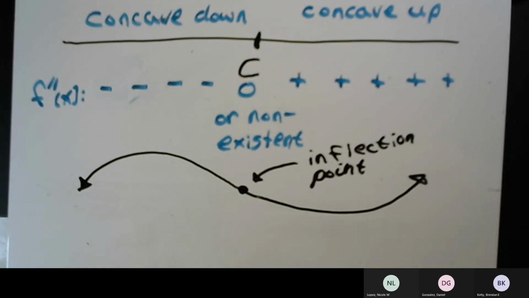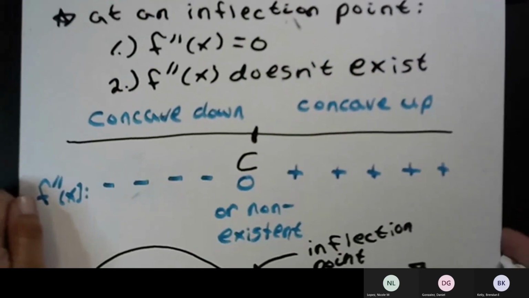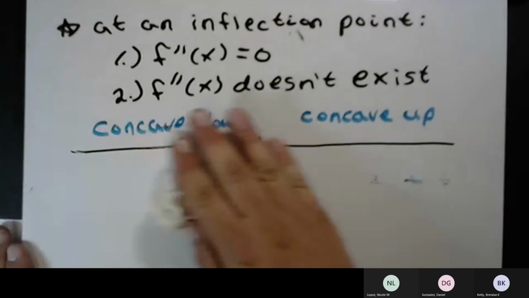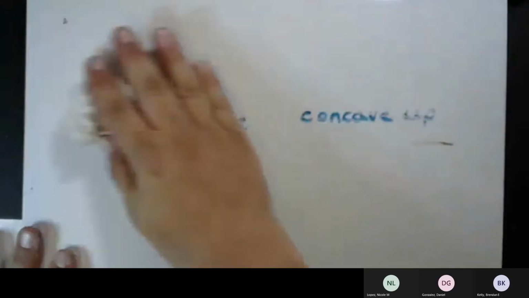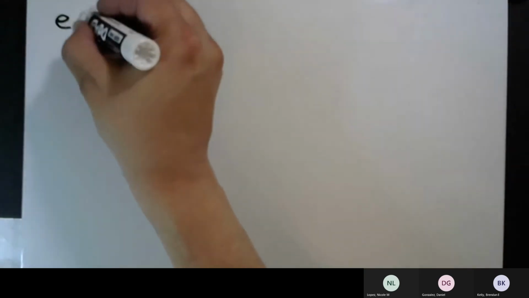All right, so let me do an example on this. In the previous section, we looked at where f was increasing or decreasing. Now we're looking at where f prime is increasing or decreasing. And we're going to do that using the second derivative. So let's say we have this.